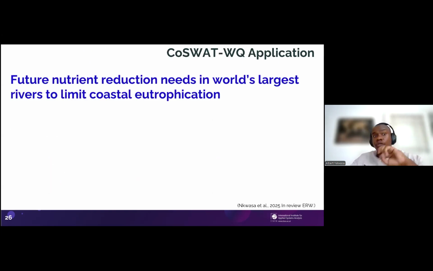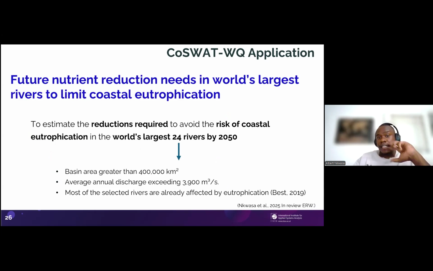So we applied this model in a study to look at future nutrient reduction needs in the world's largest rivers to limit coastal eutrophication. What we did with our global model here is that we selected the world's largest 24 rivers, and then we estimated how much reduction is needed to avoid the risk of coastal eutrophication. We selected river basins that are greater than 400,000 square kilometers, with an annual average discharge exceeding 3,900. And most of these rivers are already affected by eutrophication.